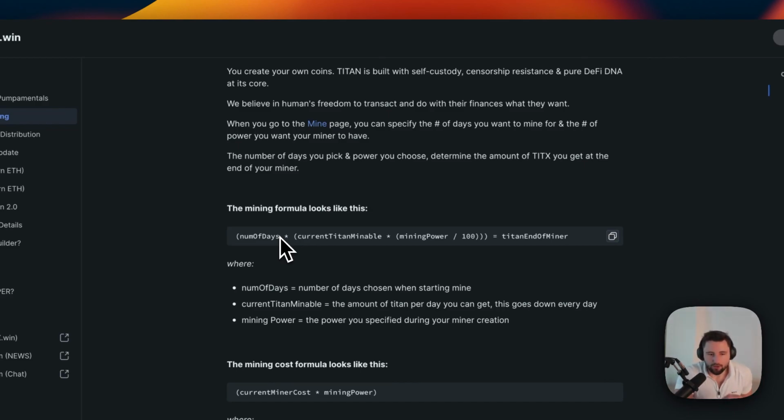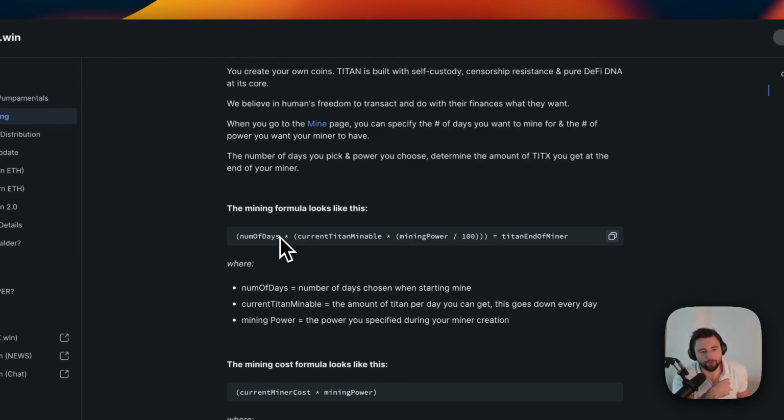In general, longer is always better than shorter. Very big rule. The longer out you go, the less you pay per token because the cost stays the same. So miner power determines the cost, and miner length determines how many tokens you get. So you pay the same price. If you do 100 power in your miner, and you only go 1 day, you pay 0.2 Ethereum at the start, but you only get 8 million tokens.